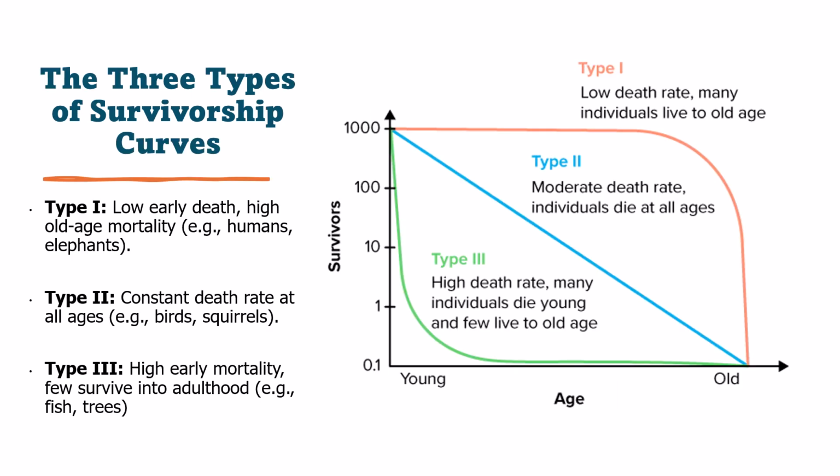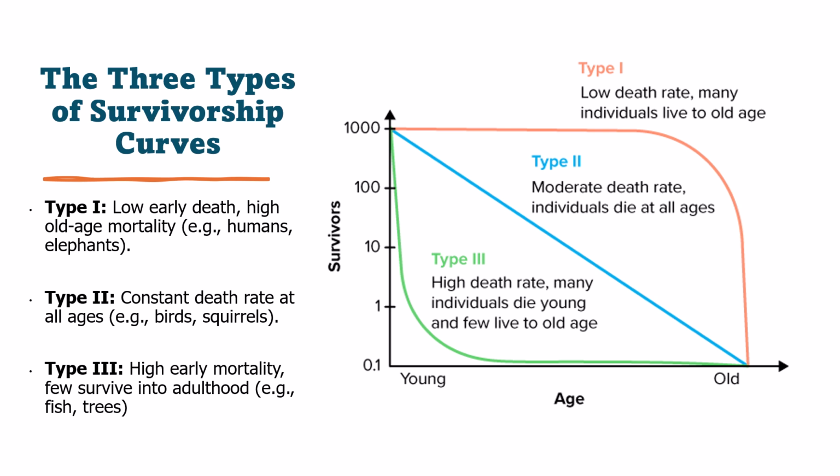Ecologists generally describe three main types of survivorship curves: type 1, type 2, and type 3. Type 1 shows low mortality early in life, with most individuals surviving into old age before dying. Humans in developed countries are a classic example.